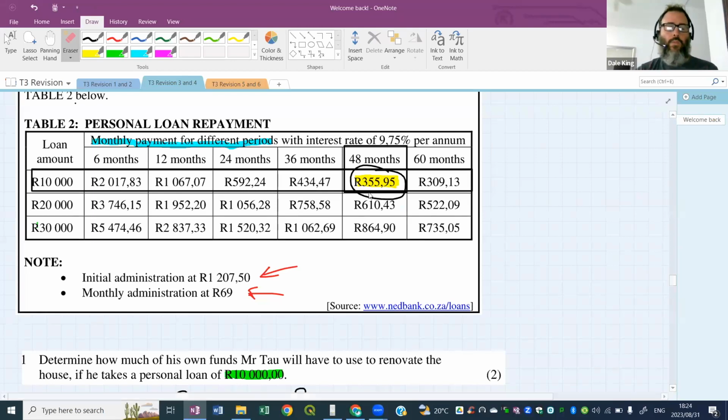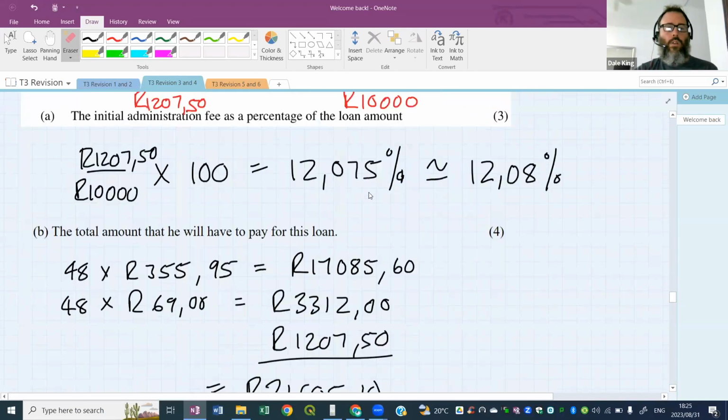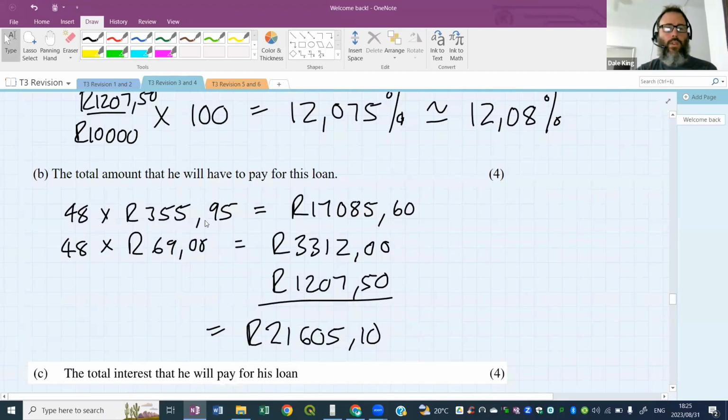So how much will you have to pay in total? Well, you're going to have to pay 355.95 times 48 months. You pay that 48 times. You're going to get 17,085.60. Then the monthly admin fee gets paid every month as well, the 69 Rand. That must be multiplied by the 48 months, and you're going to get 3,312, plus an admin fee at the end that needs to be added on.